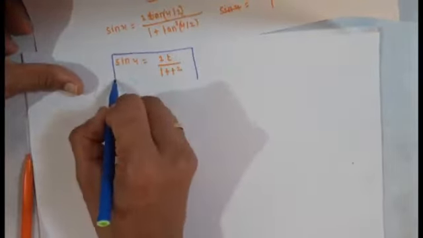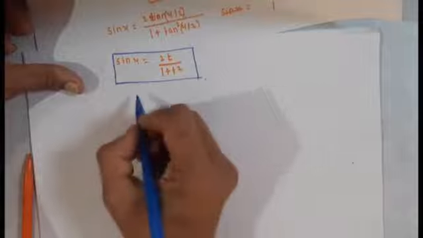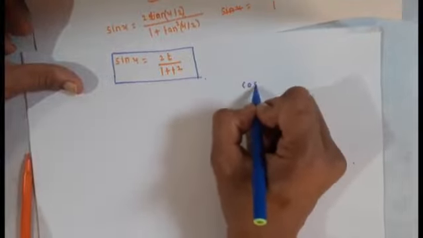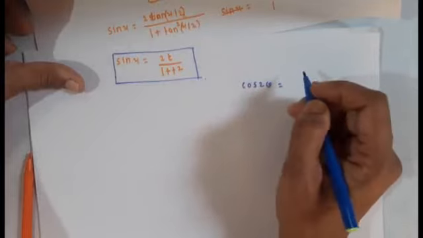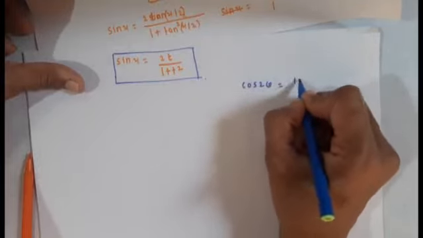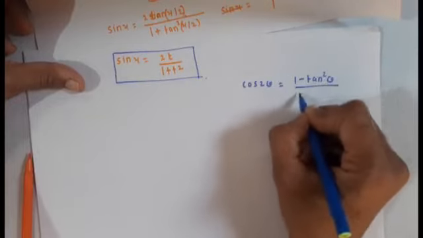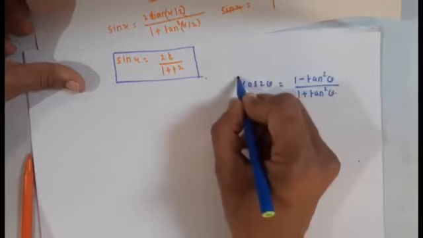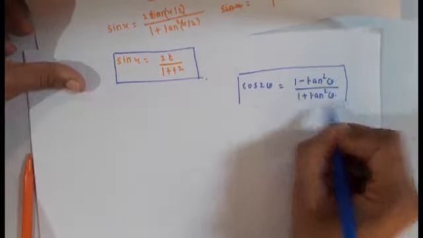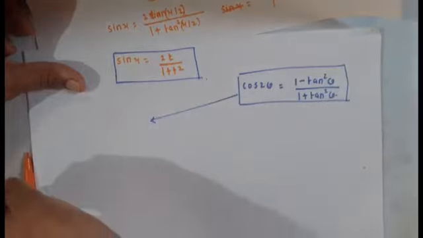Similarly, for cos x, you know the formula for cos of 2 theta: cos of 2 theta is 1 minus tan square theta upon 1 plus tan square theta. By using this formula we can find cos of x.